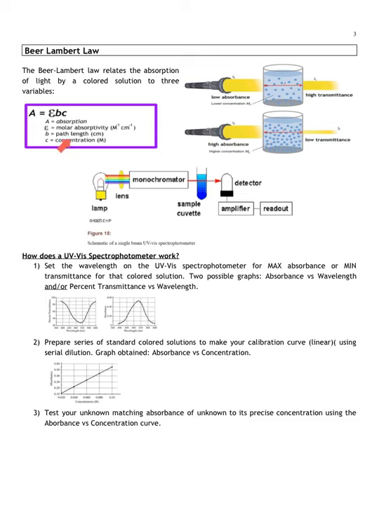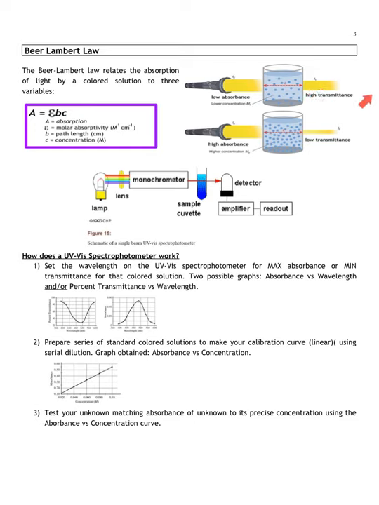Ultimately, the two measurements that you are really taking out of the machine, the UV spectrophotometer, are the absorbance and the concentration. So the whole idea behind the Beer-Lambert law is that if you have a concentrated solution versus a less concentrated solution, the less concentrated solution is going to absorb less light and transmit more light through.